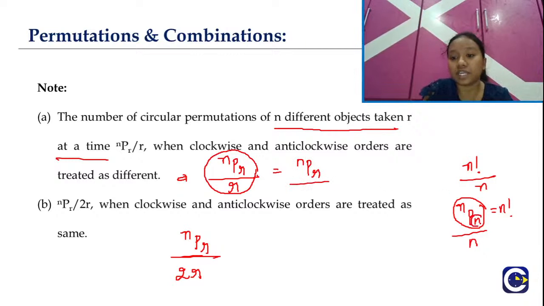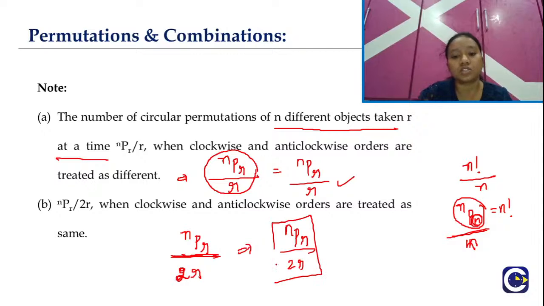How many we have taken? n at a time, so that's divided by n. Here r at a time, so divided by r. So this is the case where both clockwise and anti-clockwise are treated as different. Whereas if they're treated as the same, then it must be divided by 2 because we have to eliminate the case of repetition, which will be nPr by 2r. That's all.